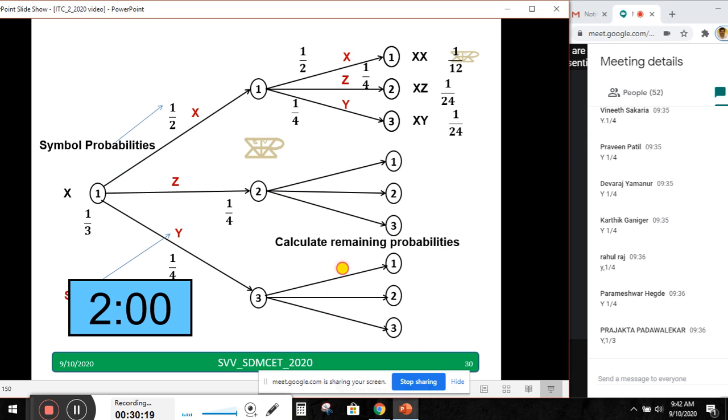After writing the symbols and probabilities on this side, you have 2 minutes. Do it fast, and you can write your answers. For example, what you got? Say 1, 2, 2, 2, 1. Which symbol are you getting? That symbol followed by the probability you can type in the chat box. Start. You have 2 minutes. Do it fast.